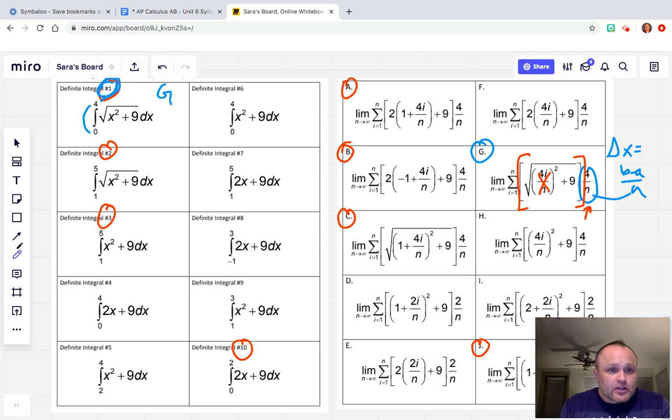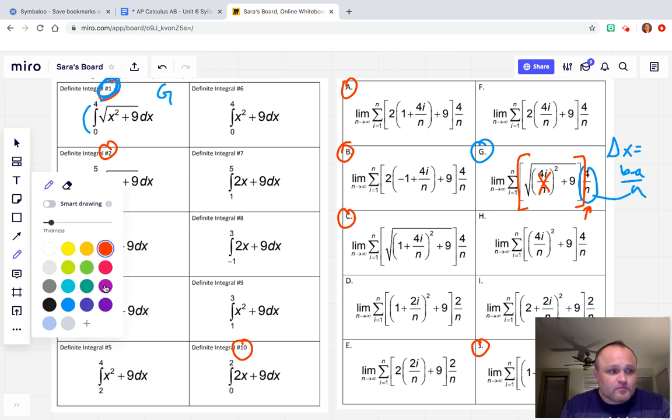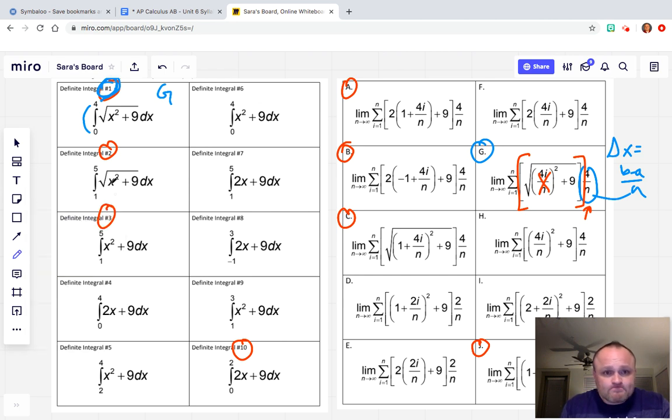The next one that we can match up is 2, which matches up with C. Because look, the jump is by 4, and 1 to 5 is a jump of 4, and it's 1 plus the something squared.